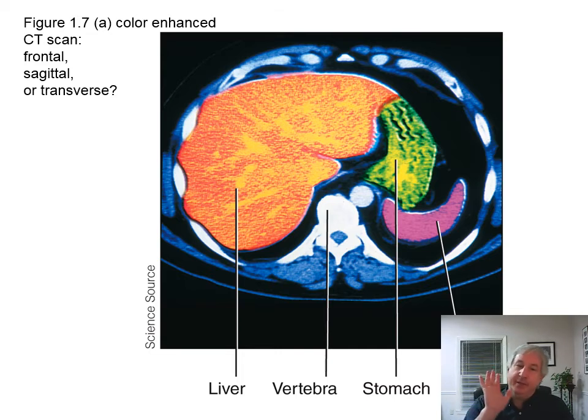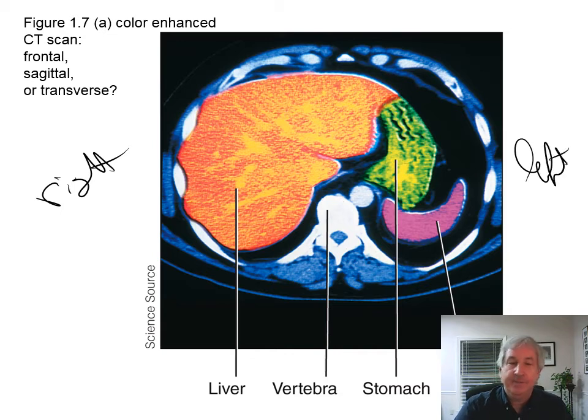Remember, you're looking up at the patient from the patient's feet. So this is the right side over here. This is left, because they're lying down with their feet facing towards you. So this is all liver, this whole big thing here, and this is the stomach there.